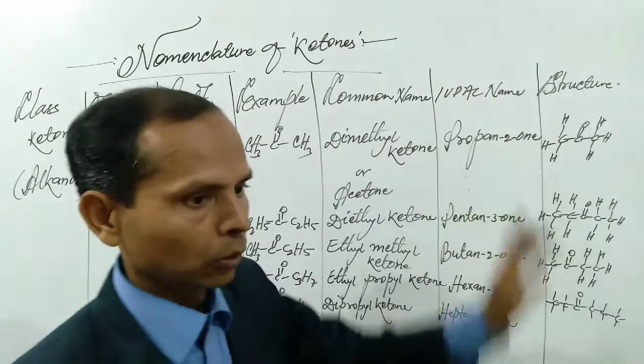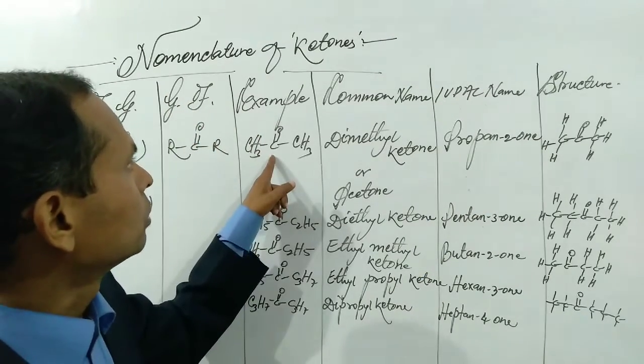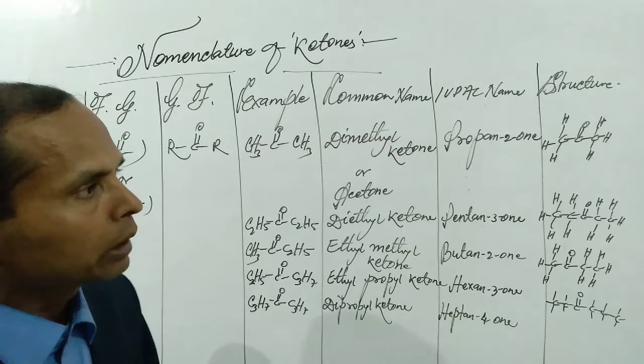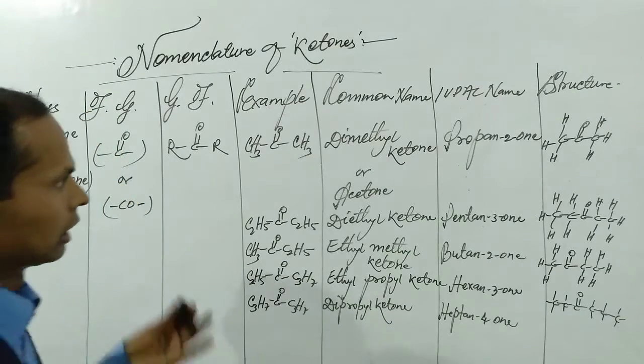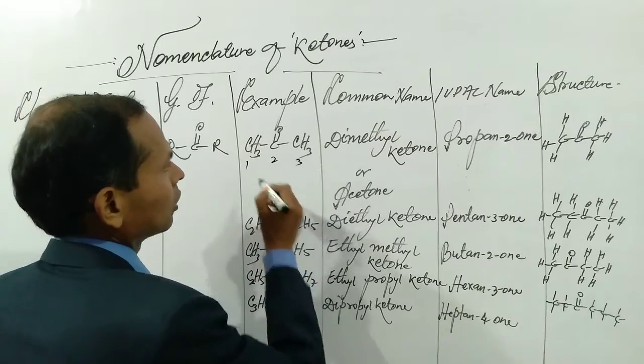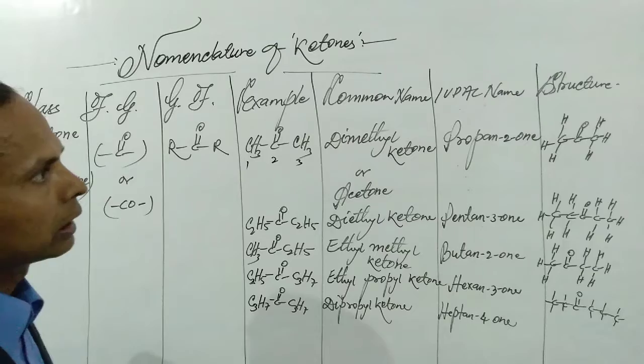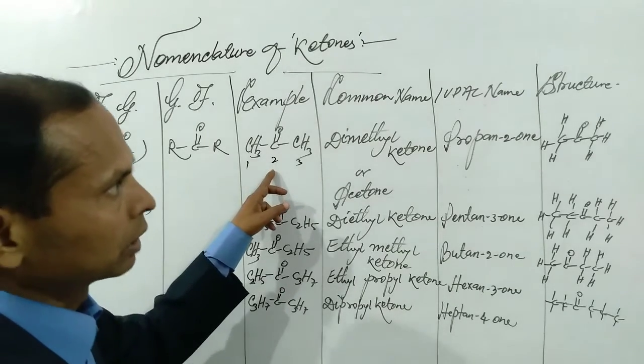This is the propanone. 2 is given for this group because the carbonyl group is present at the second carbon atom. This is first carbon atom, second carbon atom and third carbon atom. In this case, the functional group ketone is present at 2 carbon atom.